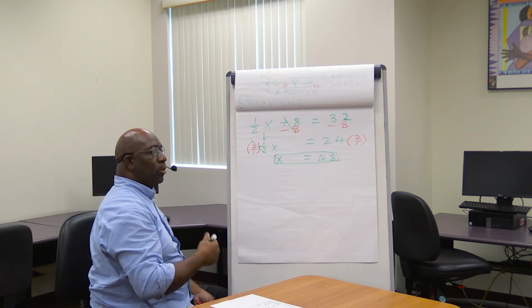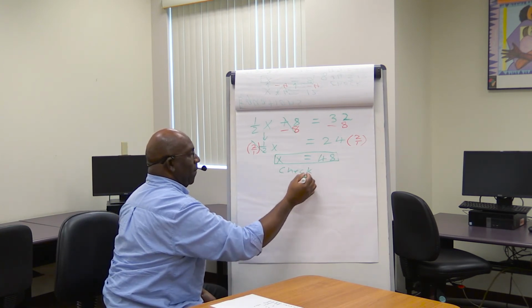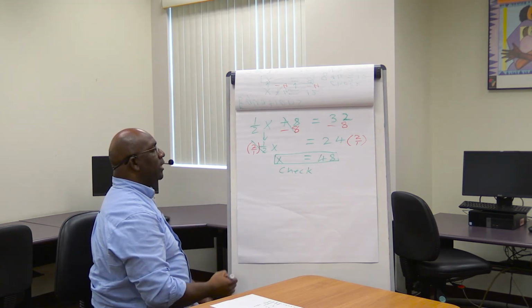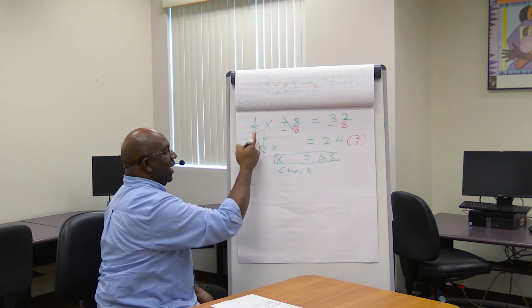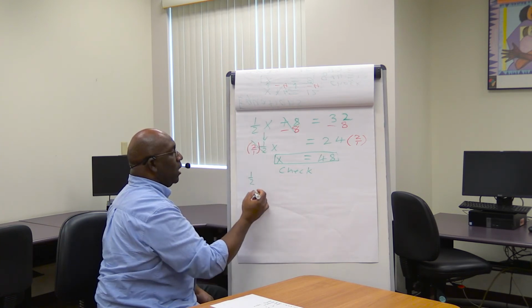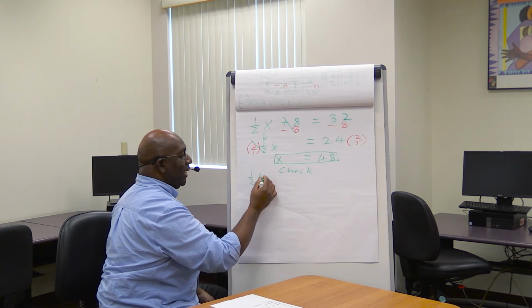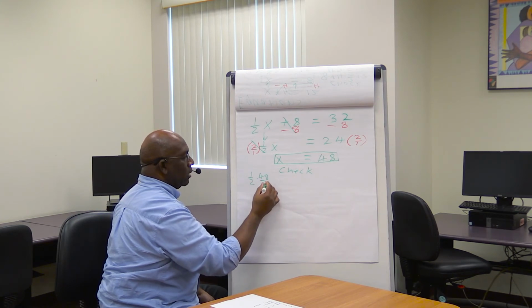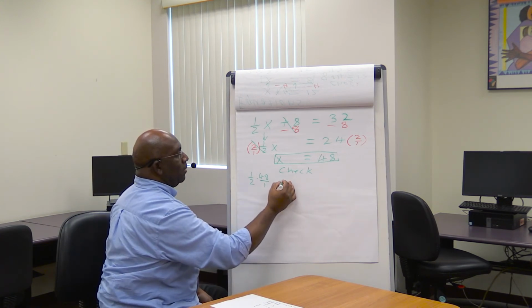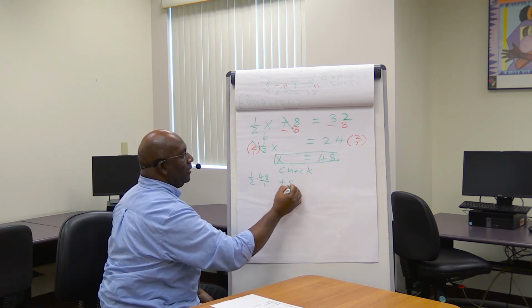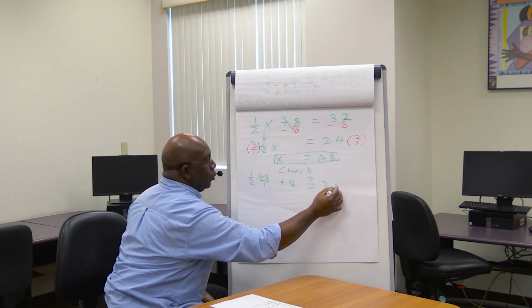Checking this now, let's do that check. We originally said that 1/2 of x, in this case, 1/2 of 48, plus 8, is that equal to 32?